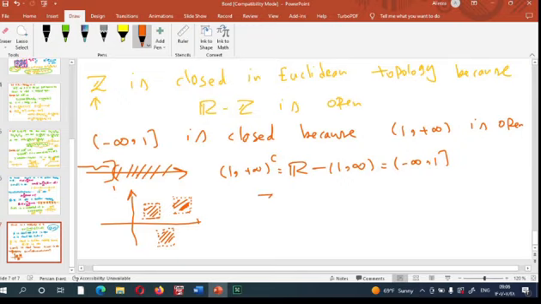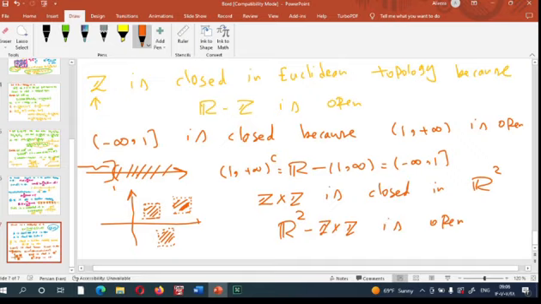For example, this is closed in Euclidean topology on R2, okay, because this set is open. And other examples.